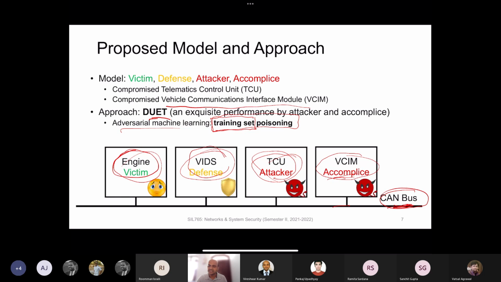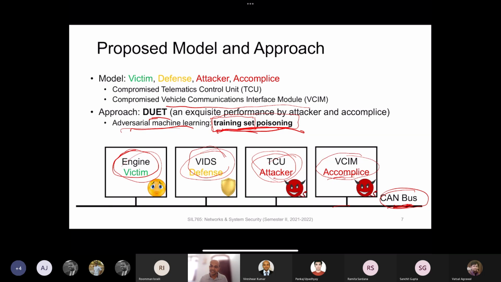So what is the approach here? The conventional intrusion detection systems follow machine learning algorithms, and therefore we should think of how an adversarial ML approach can bypass detection by this IDS. In order to realize this adversarial machine learning approach, which in this case is training set poisoning, we found that we could do a training set poisoning attack.